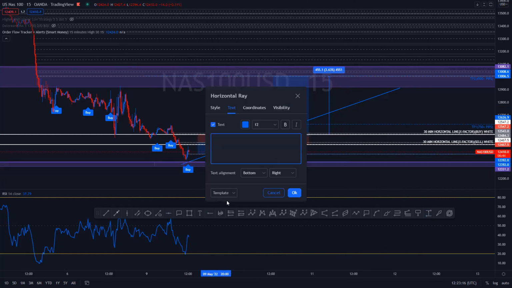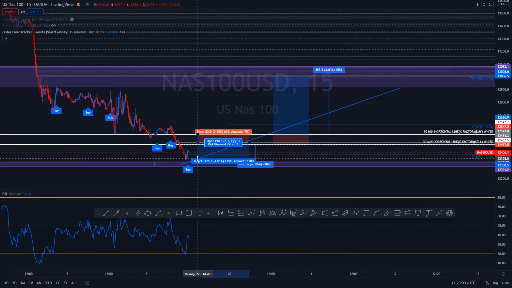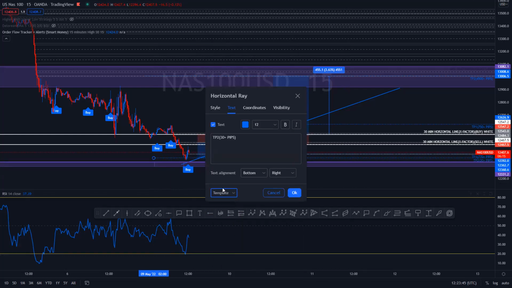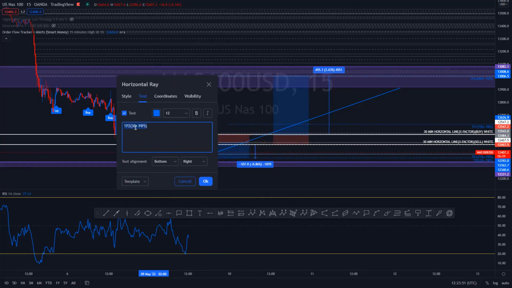This would be 770 plus pips for TP1. And then it's down to here, that would be TP2, over 1,000 plus pips.